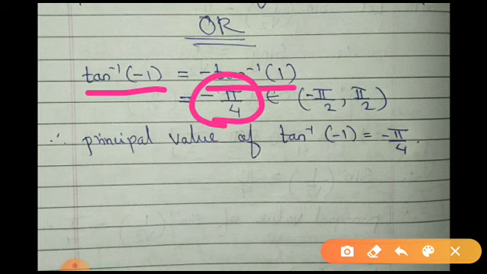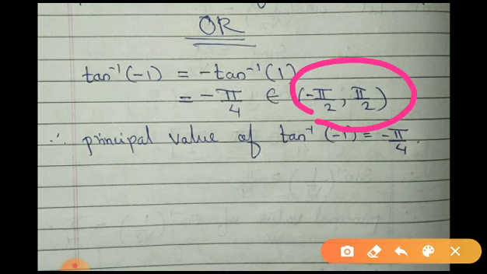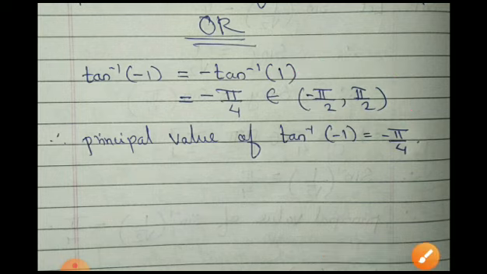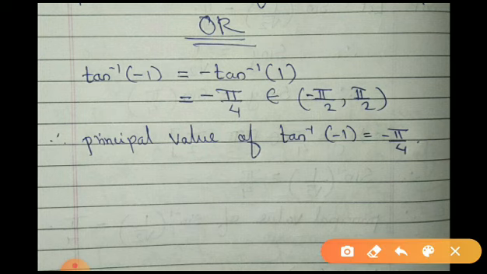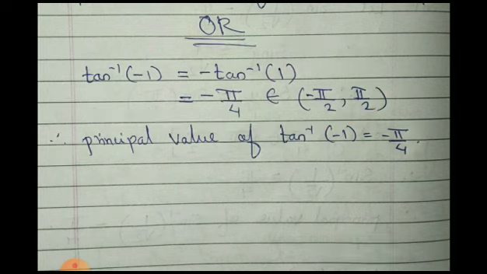So the answer will be minus pi by 4, which is an element of the open interval minus pi by 2 to pi by 2. So minus pi by 4 is the principal value of tan inverse minus 1. Now in the following questions we will make use of this method because it is easier to understand, instead of assuming it equal to y and so on.